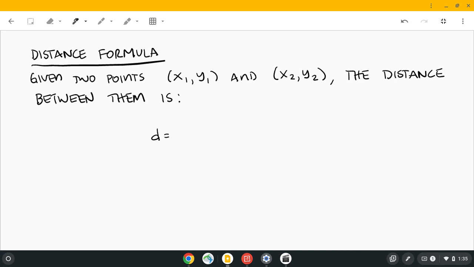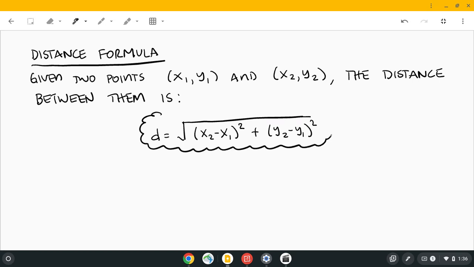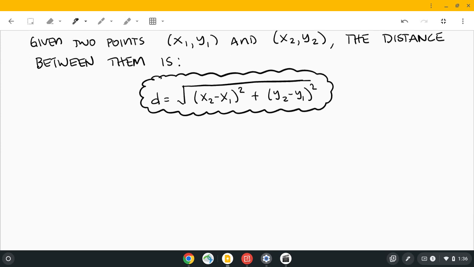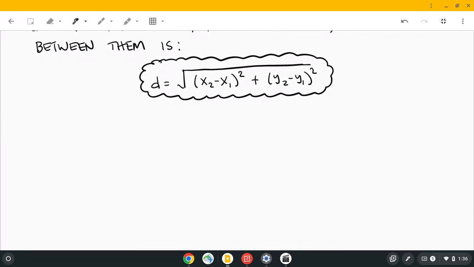D for distance, you can use R for radius. It's all the same. But the distance is going to be the square root of x2 minus x1 squared plus y2 minus y1 squared. Okay? So this is just a formula that you need to memorize, but like I said, it comes from the Pythagorean theorem. So let's take a look.